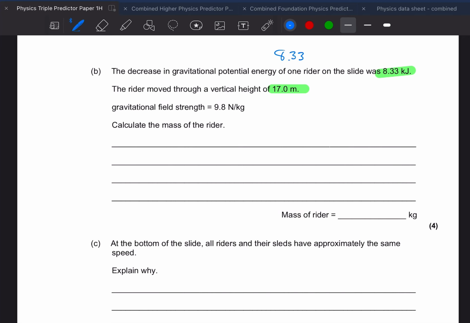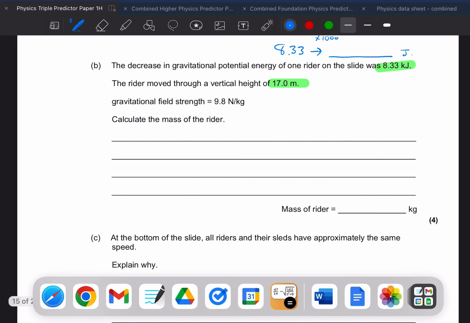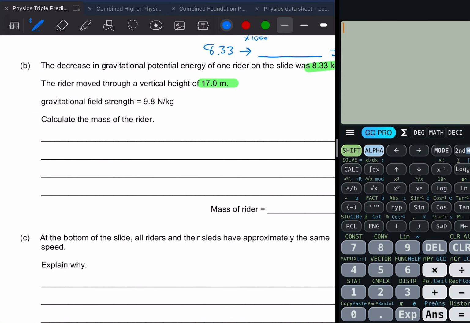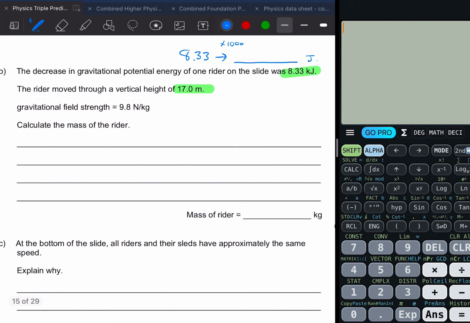To get 8.33 into joules, kilo is 1,000, so we're just going to times it by 1,000. And I say, always use your calculator, even if you think it's really easy to do. So 8.33 times 1,000 is 8330.